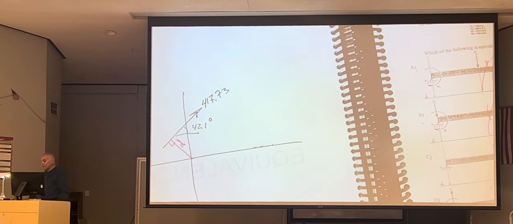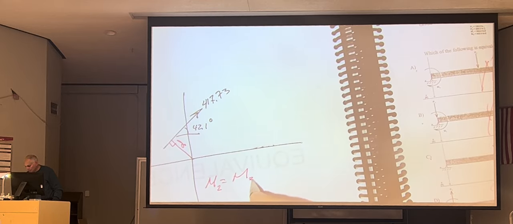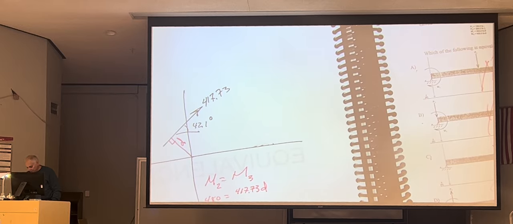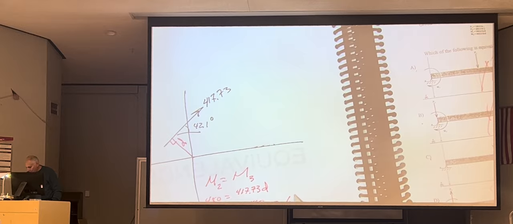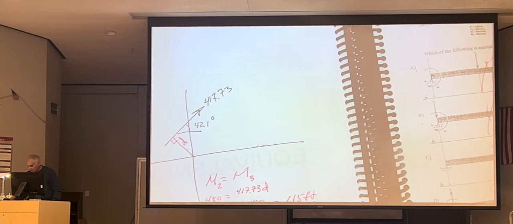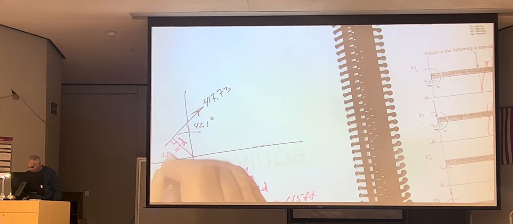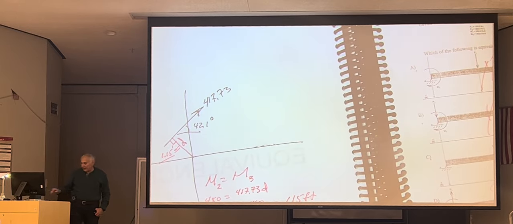That's what I need in order to place it. Moments of system 2 must equal moments of system 3. Well, that's 480 must equal 417.73 times d. D is equal to 480 divided by 417.73. That gives me 1.15 feet. So I know this guy is 1.15 feet, and I just locate it.